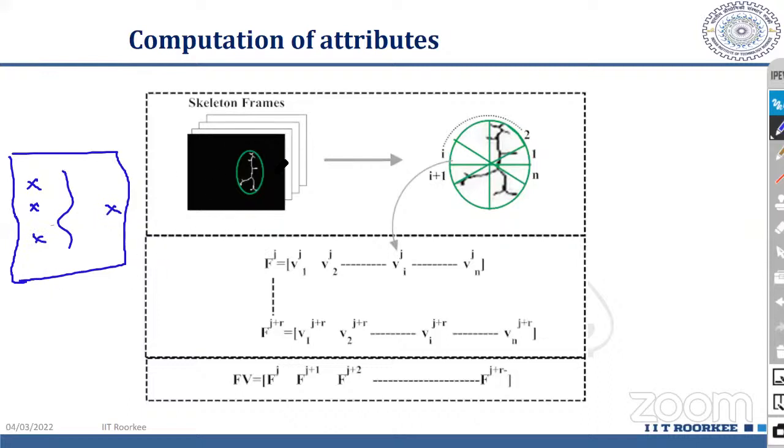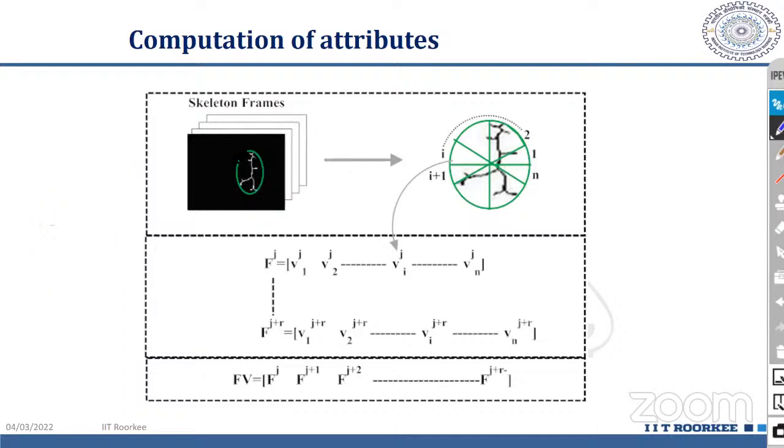When you take a compact ellipse, the number of black pixels is less compared to any other shape. So usually in the literature, video analytics researchers use an ellipse as the bounding object.